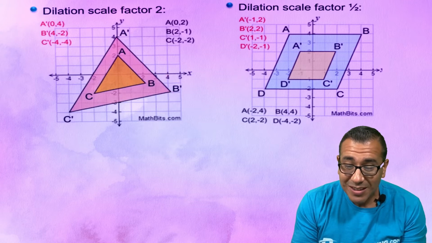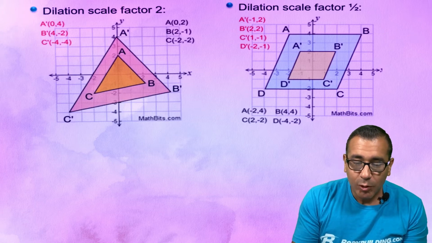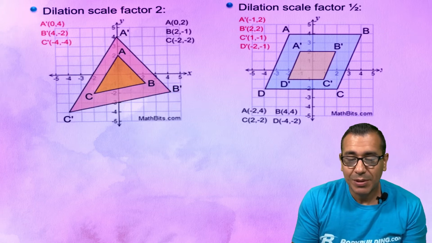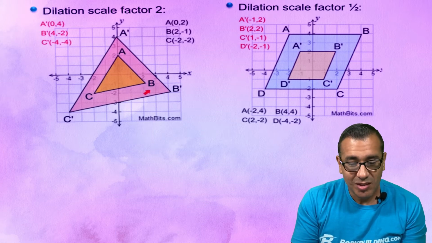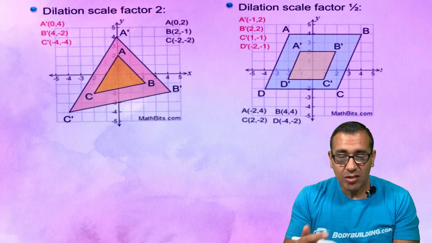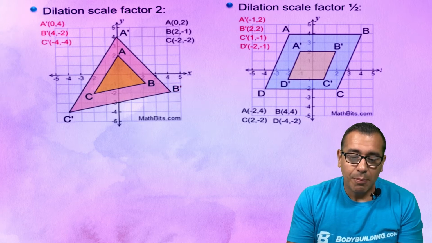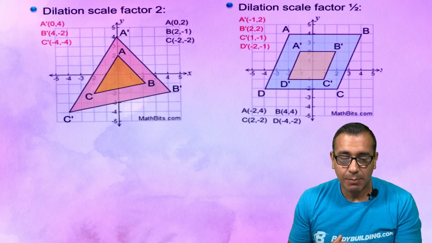So that gives me this new point. And when you're defining these new points, we're going to call them B prime, because the original B is just your B, but once you dilate it, once you make these changes, that's when you write that little apostrophe right there. It's called B prime. That's how we say that mathematically.